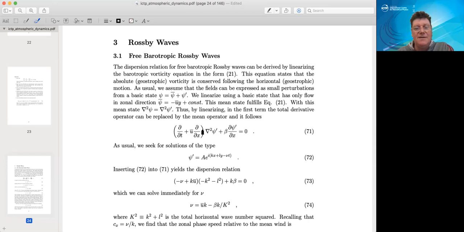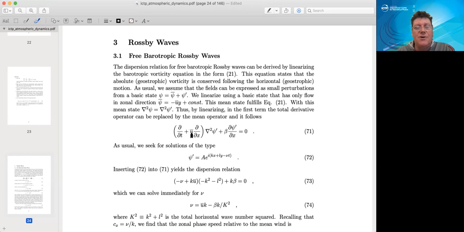So with that, it's clear that the Laplacian occurring in equation 21 can only work on the perturbation. But that means that this operator here can only be the mean operator, because our linearization tells us that we are only interested in first order linear terms. So the mean advection operator has to be just a linear term.